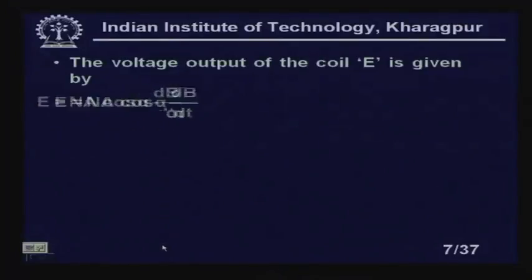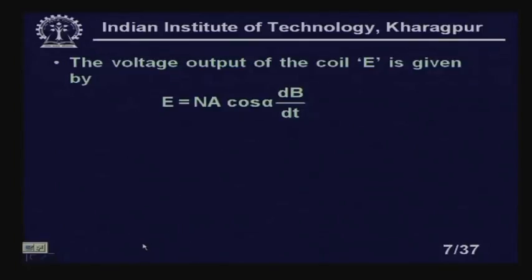Clear? The voltage output of the coil E is given by E equal to NA into cos alpha into dB by dt. Suddenly, how did this alpha come?